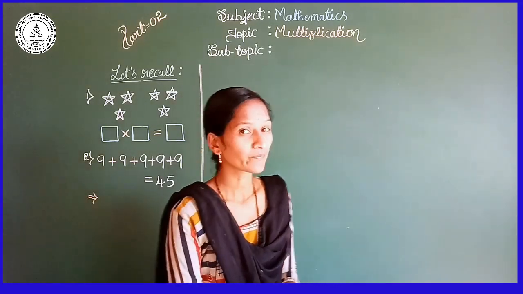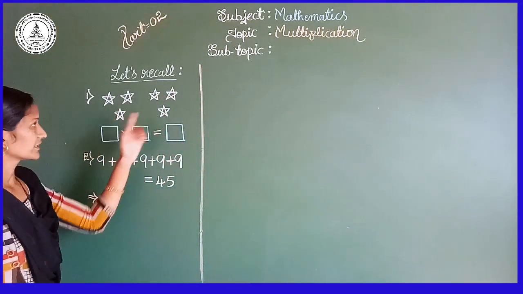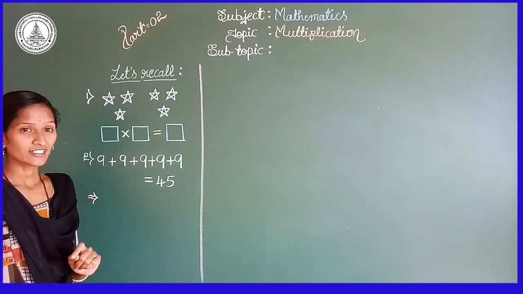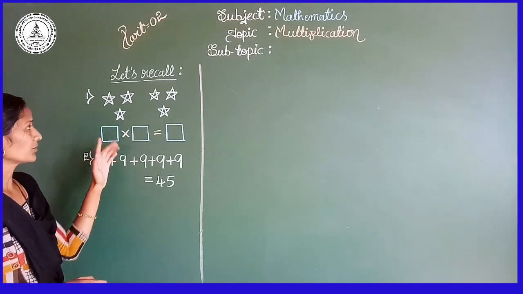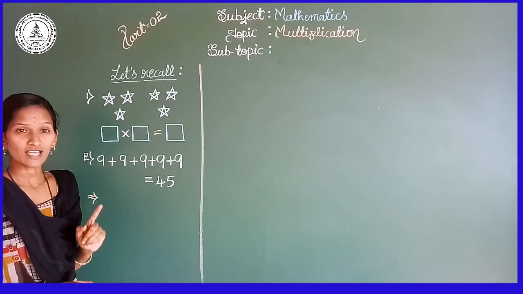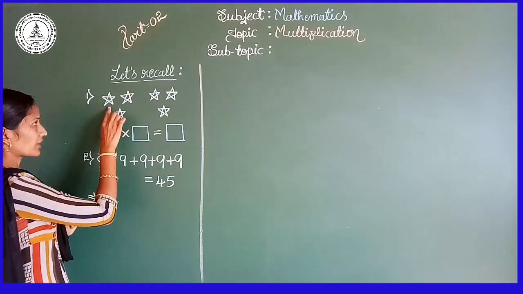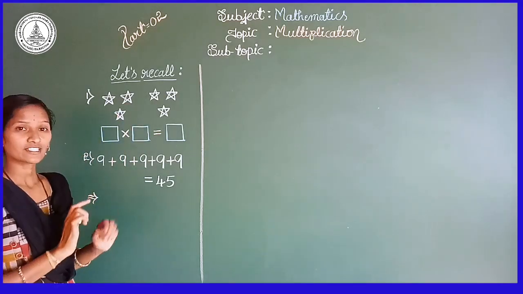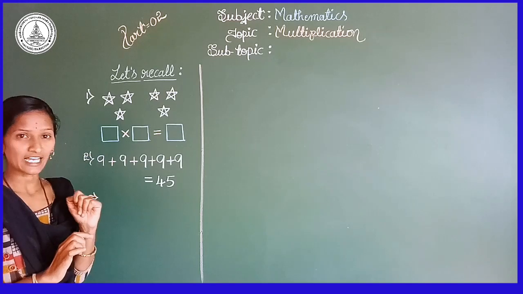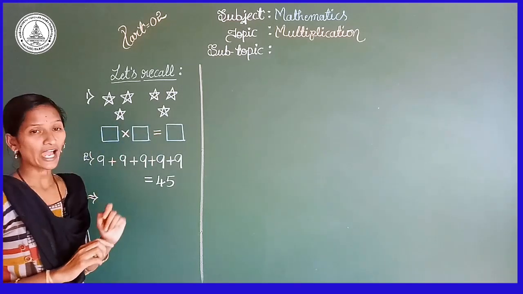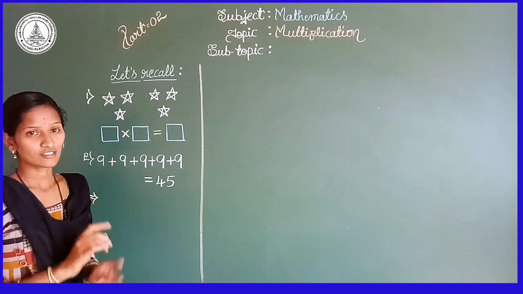So see, here they gave some stars, right? In the first group the total number of stars is 3. So here 1, 2, 3. In the first set we have 3 stars. In the second set also we have the same number of stars.